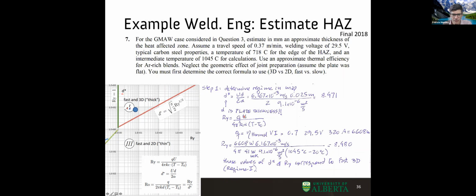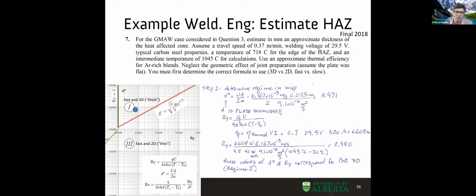We do power times travel speed over pi k alpha and T minus T0. So Q is the actual heat into the plate. So we would have voltage times current, and I need to multiply by the thermal efficiency. Voltage, I have it here, 29.5 volts.